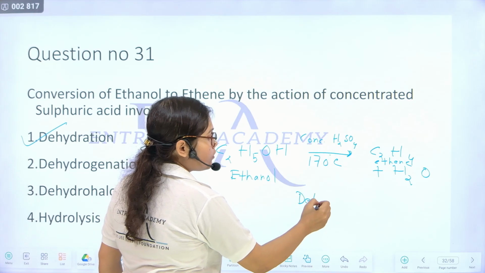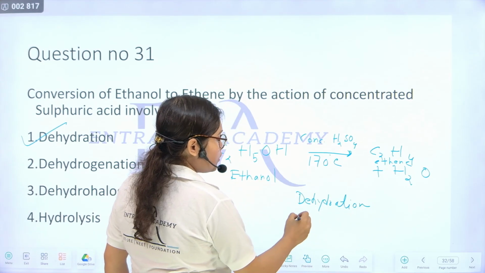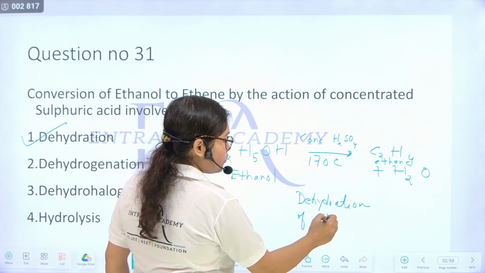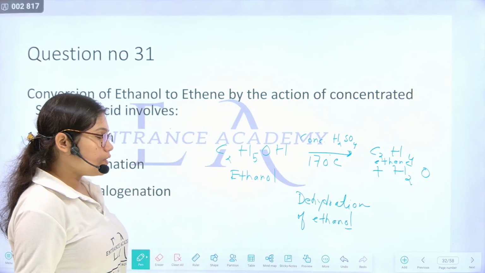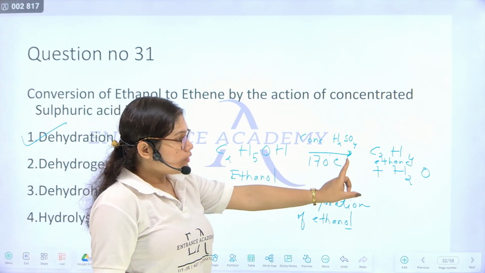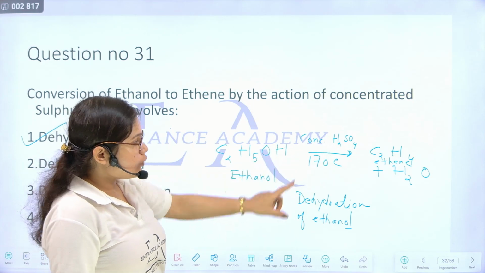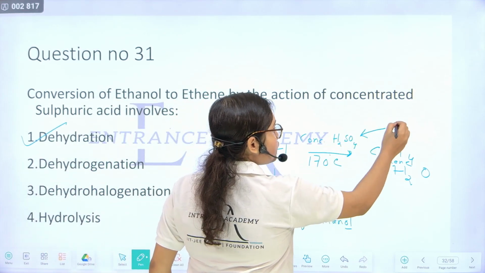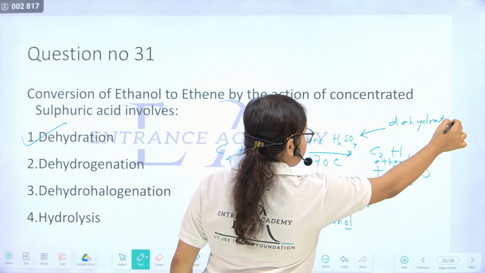Dehydration reaction of ethanol. In this kind of reaction, where dehydration of ethanol is there, the product is ethene. So concentrated sulfuric acid acts as a dehydrating agent here.